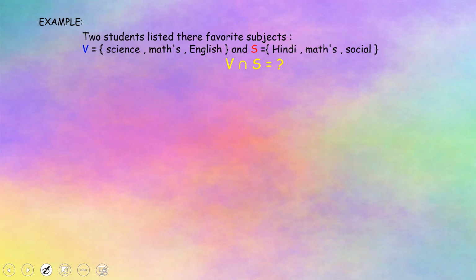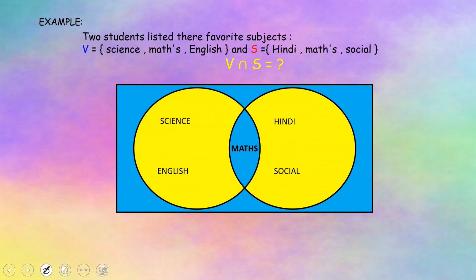Yes, using a Venn diagram. So this is how it looks like. See, we have drawn a circle. This is V, this is S. We have drawn two sets. Okay, we have drawn circles to represent V set and S set, and we have labeled them as V and S, and we have mentioned the elements in both the sets within the circle.